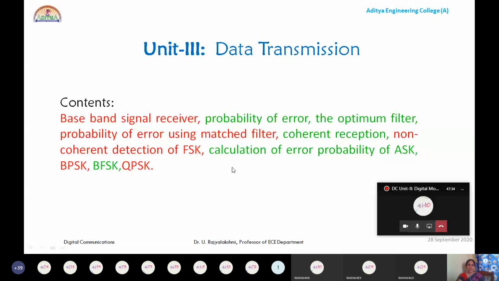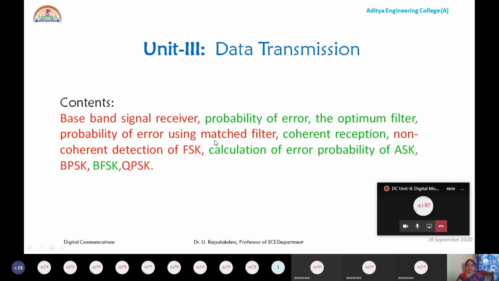After that, we will go through the error probability calculations for ASK. Every time it is mentioned as ASK, it is nothing but binary ASK, binary PSK, binary FSK, and QPSK. So in total, we can split it into 7 modules. One is probability of error for baseband signal receiver. Second is probability of error for optimum filter.